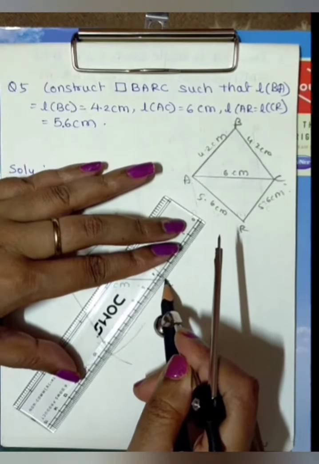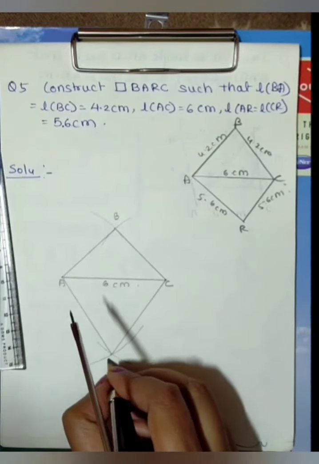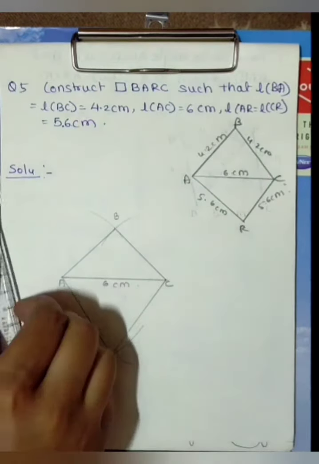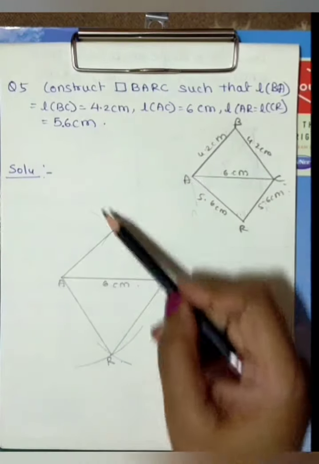This is point R. We have constructed quadrilateral BARC.